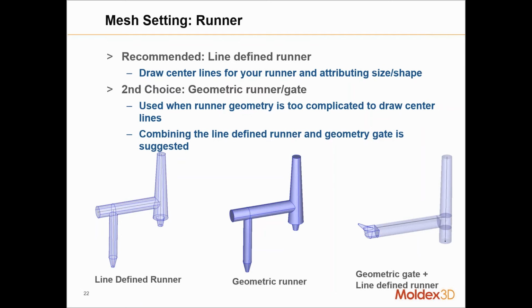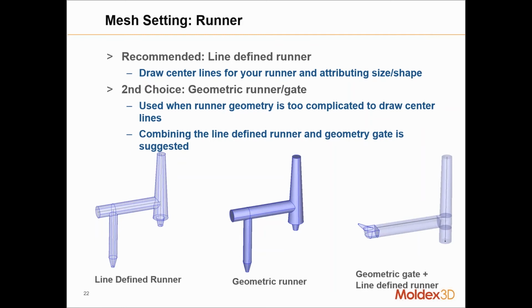One is where you can have what are called line-defined runners, which means you just draw center lines that define your runner layout and then attribute them as your runner system. This is very easy to draw, and the mesh that is generated is actually very good. The second option is you just bring in your runner geometry and have the software mesh that geometry.